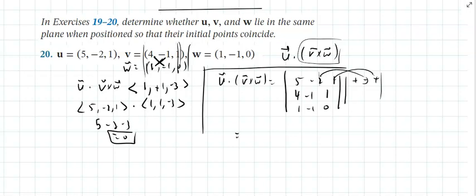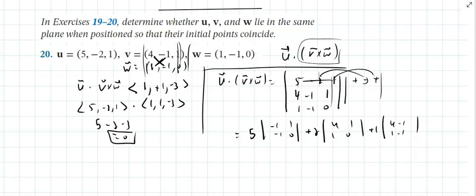Okay, if I take the first, that's a 5, and let me write them out, cross its row and column, negative 1, 1, negative 1, 0, minus a negative 2 is plus 2, cross the middle row and column, 4, 1, 1, 0, and 1, cross the last row and column, that's 4, negative 1, 1, negative 1, so that's 5 into 0 plus 1, that's 1, plus 2 into 0 minus 1, plus 1 into negative 4 plus 1 is negative 3, so that is 5 minus 2 minus 3, that is a 0.